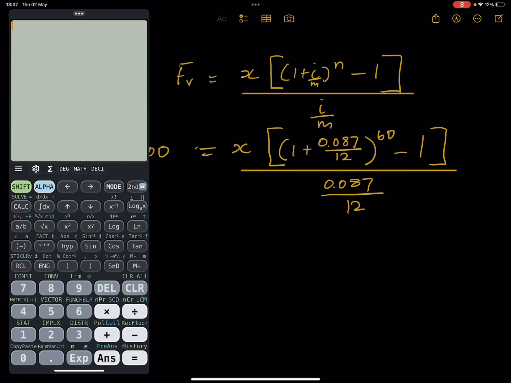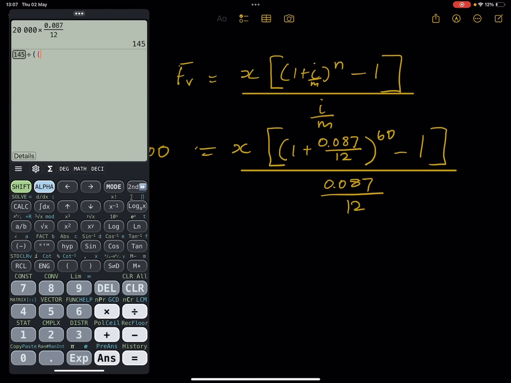So that's going to be 20,000 multiplied by 0.087 over 12. Okay, so I get that value over there. And I am going to divide this by that bracket there.